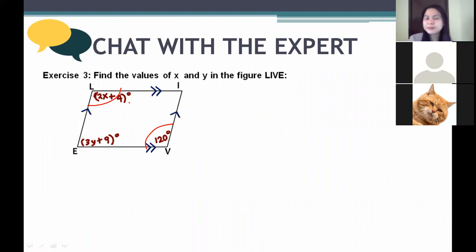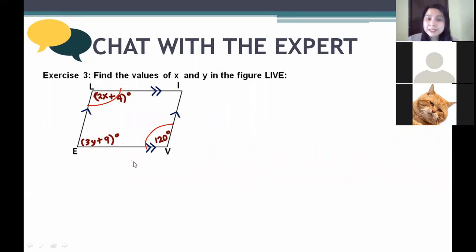No, they are not supplementary. How do you describe angle L and angle V? Are they consecutive or opposite? L and V. Oh, very good. They are opposite.